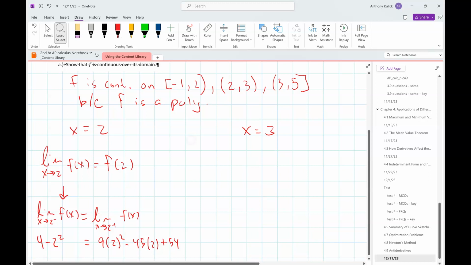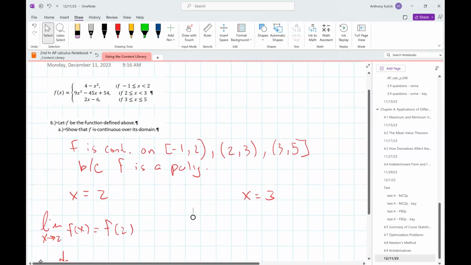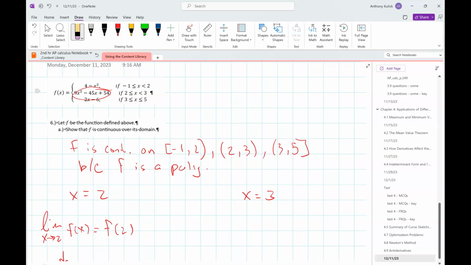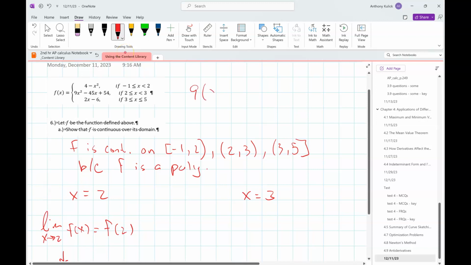Now, I saw a lot of you really battling the arithmetic here on this piece. What could you have done to make the arithmetic much easier? Yeah, right? That's just going to be 9 times x squared minus 5x plus 6, which would be 9 times x minus 3 times x minus 2.